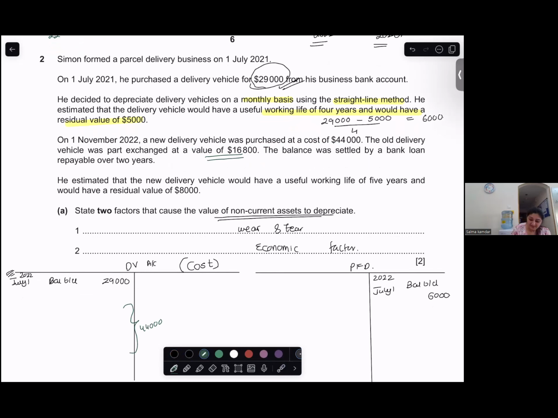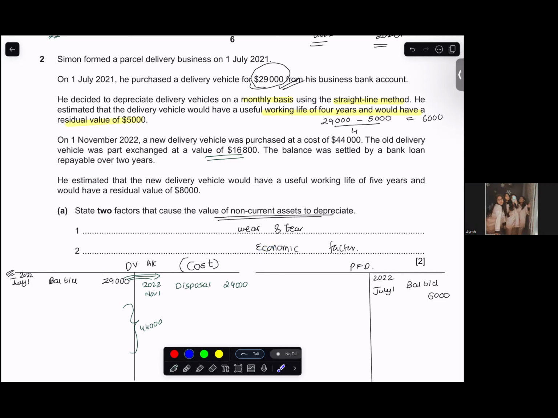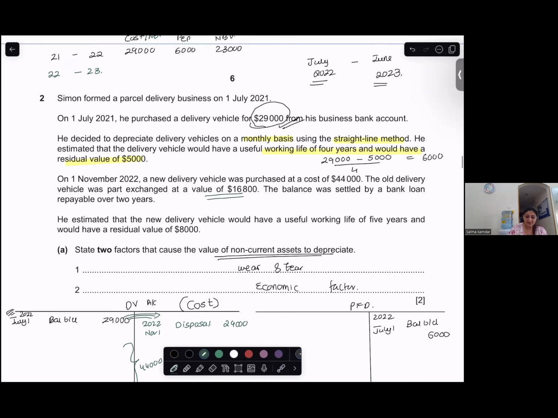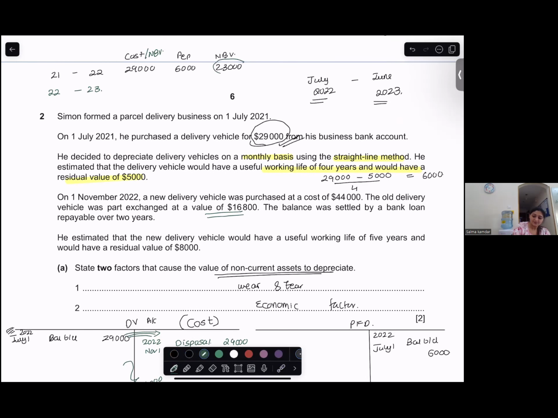So when this old is going out, I will write it over here. This is happening in 2022, November 1. I'm writing disposal. When the vehicle is coming in, I write at cost. When the vehicle is going out, I write at cost. So 29,000 is disposed. What is the value of the vehicle that is disposed?